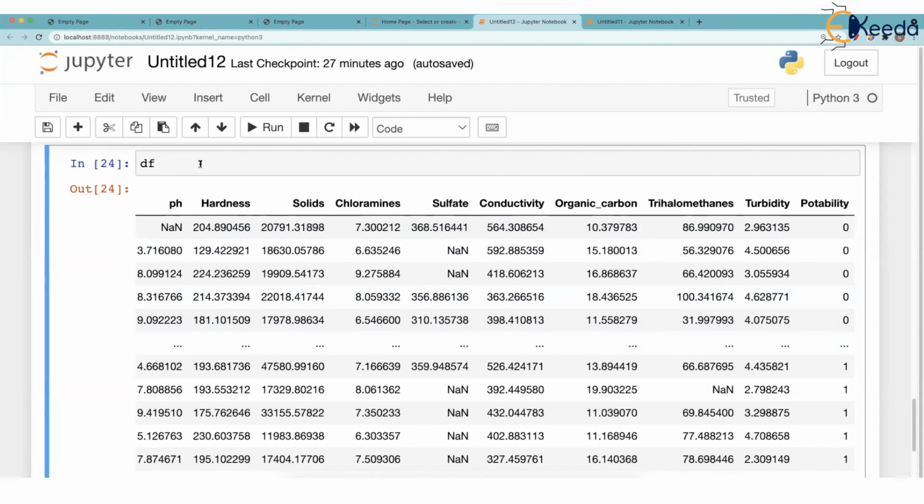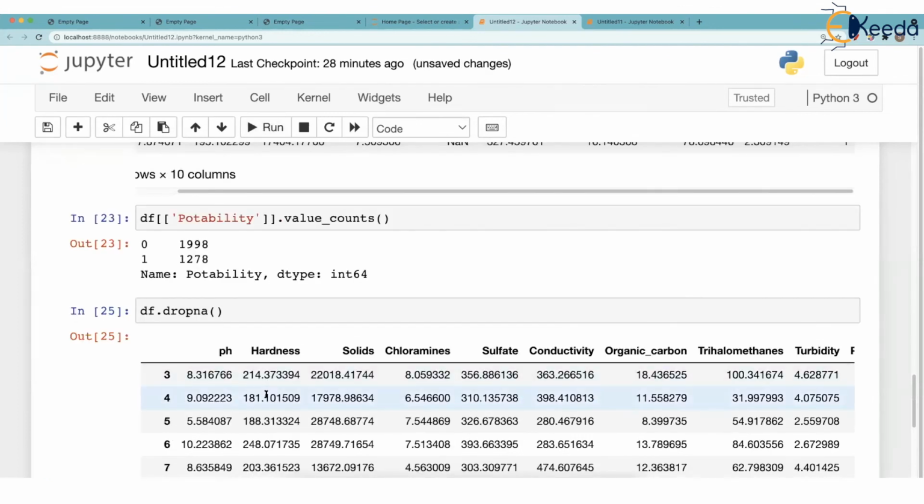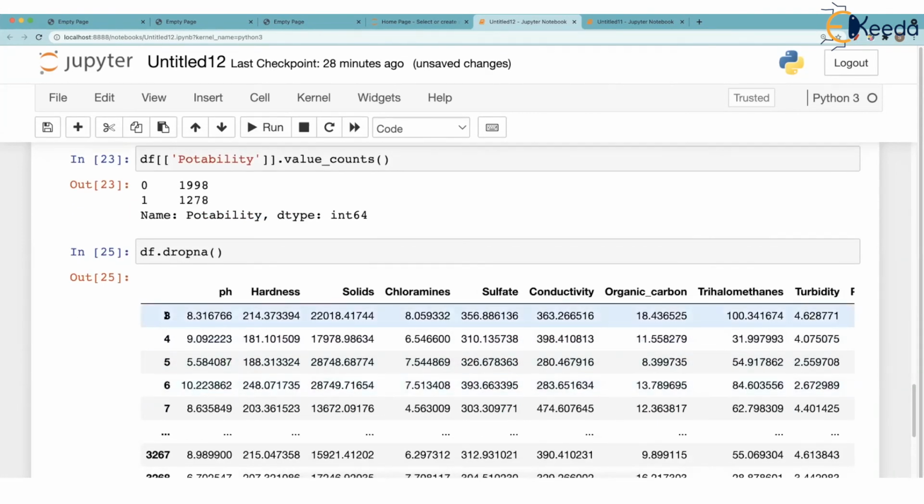How do you drop it? You just say df dot dropna. Oh, wow, what a function. All those rows wherever NaN is there will be dropped. So I'll run this. Check that directly the third row is shown, so the first and second rows are dropped.